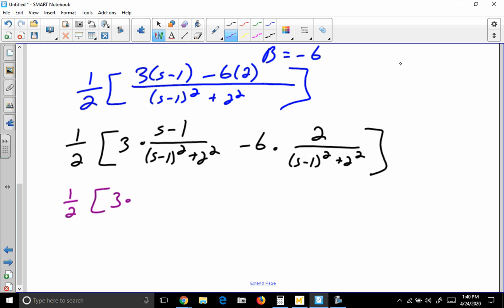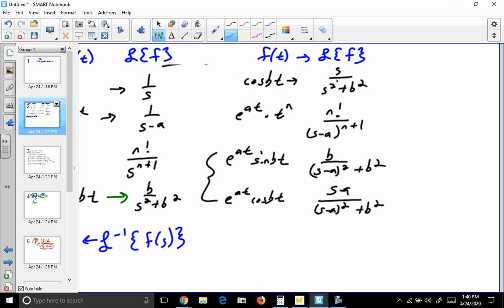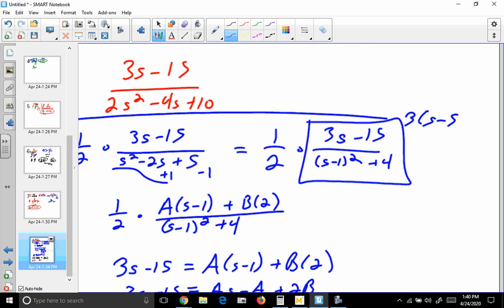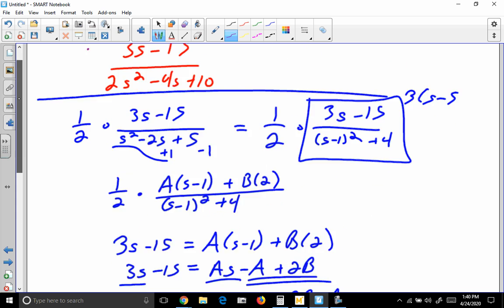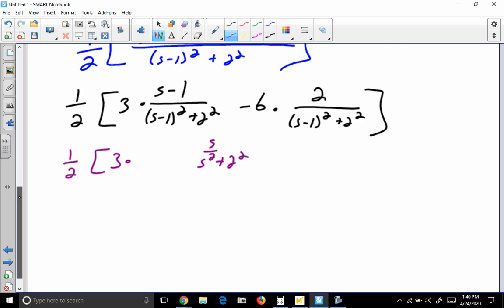If this was just s over s squared plus 2 squared, what would that be? Is that cosine? Yes, if we have s over s squared plus b squared, that goes back to cosine bt. So this one goes back to cosine b, which is 2t.